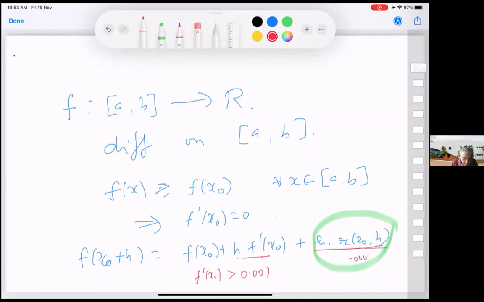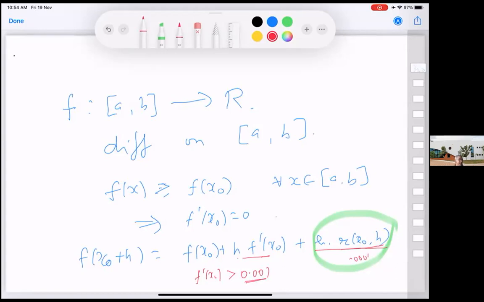So the argument follows that if f dash x0 is not 0, say it is a positive, very small number, we can choose an h small enough such that R(x0, h) is even smaller than this chosen number. Then h times R(x0, h) will have the same sign as h times f dash x0, and so the sum will have the same sign as just this term, h times f dash x0.